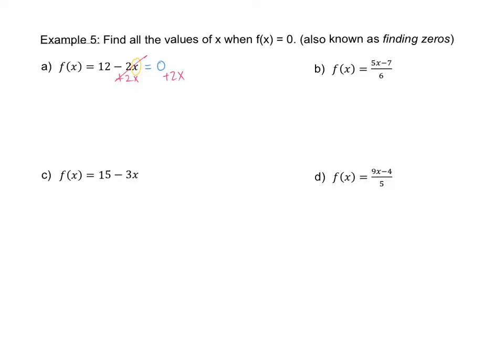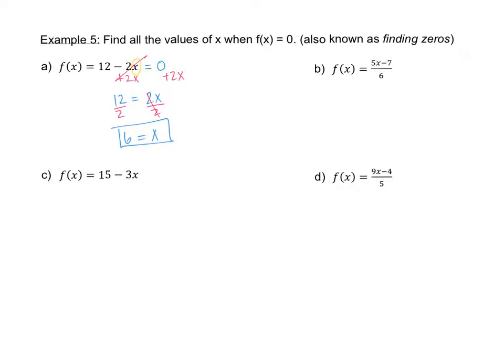So I can move that over, so I can cancel that. 12 equals 0 plus 2x is just 2x. And then I would just divide by 2. And so 12 divided by 2 is 6. So my x here is 6. And that is the x value that causes this equation to be 0.